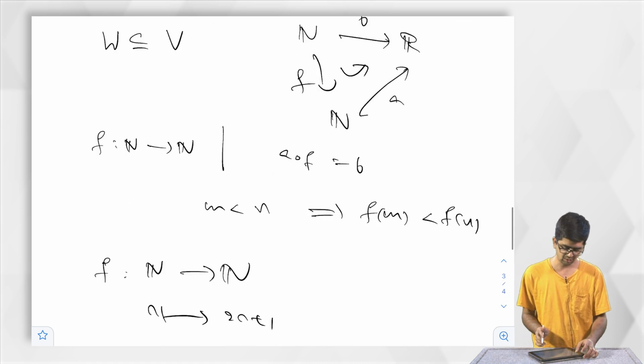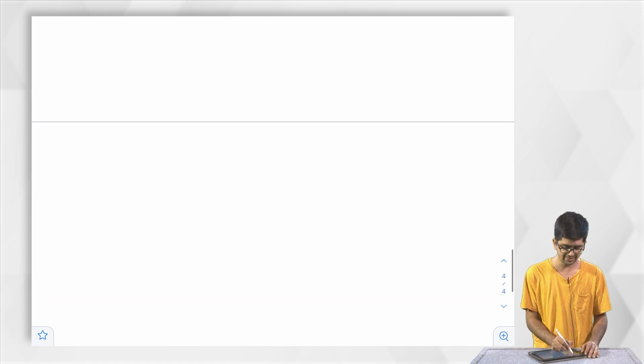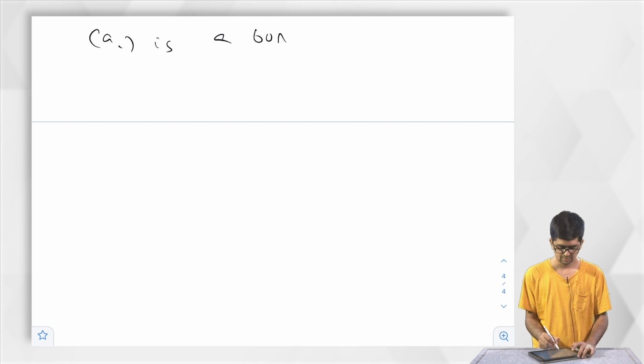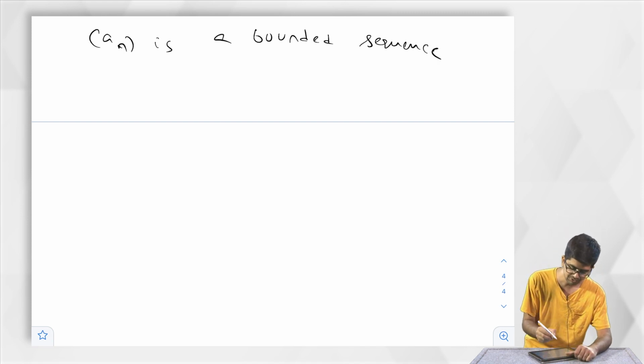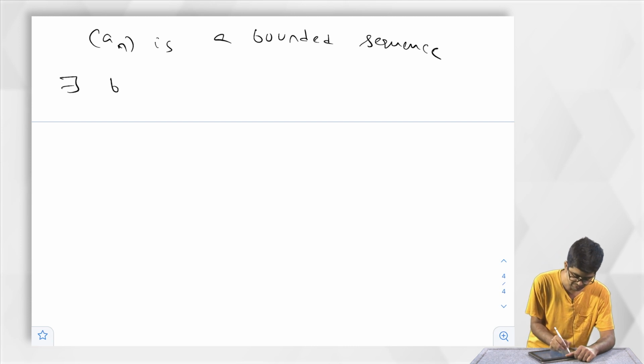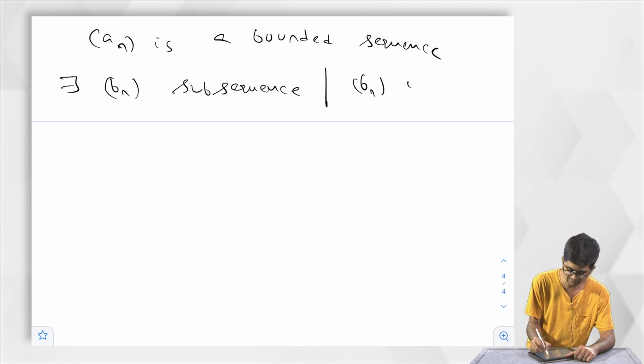So now let me write down what we have observed here. If An is a bounded sequence, then we have observed that there exists a subsequence Bn such that Bn is convergent.